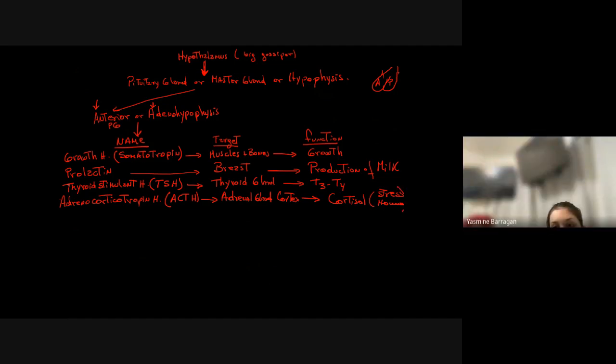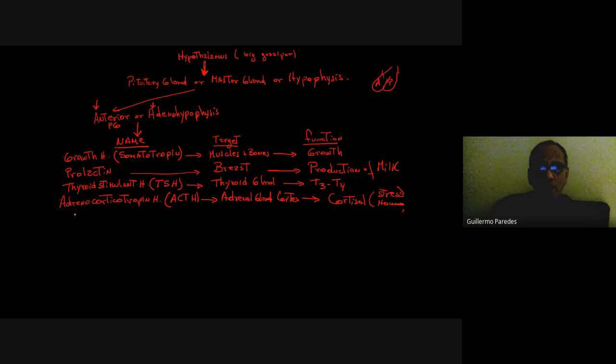Correct. Okay. So now we are going to have the luteinizing hormone, that is called the LH. Luteinizing hormone, LH. And what is the target organ? It is going to be the ovary. And what is the function of the LH in the ovary? It is the ovulation.